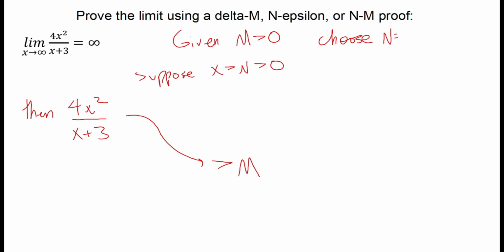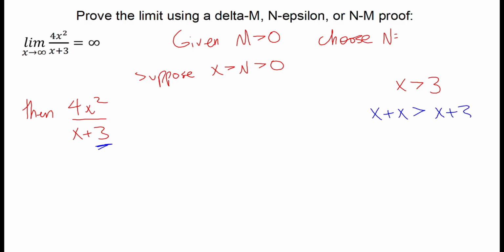So we need to show that 4x squared over x plus 3 is greater than something that is all in terms of constants and m. And so what we'll do is we'll just make a little note here that if x is greater than 3, and I'm choosing 3 strategically, you're going to see why, because of this 3 down here, then x plus x must be greater than x plus 3.